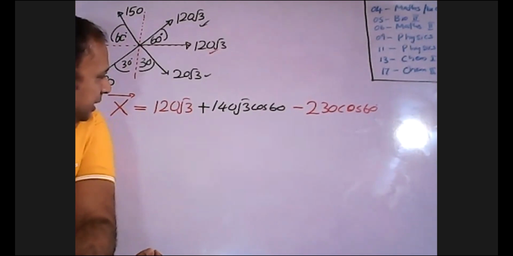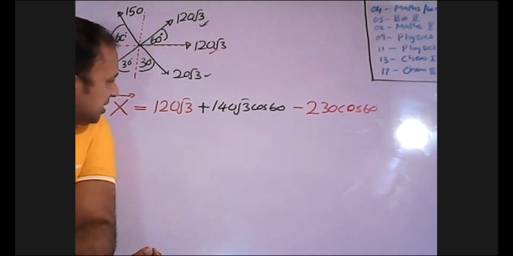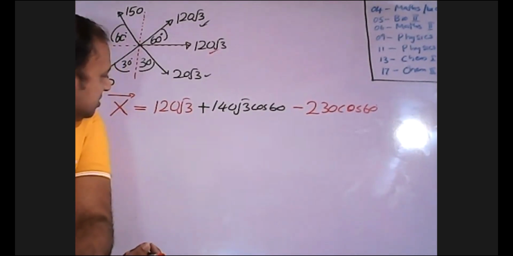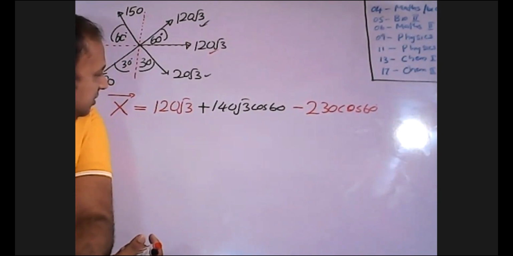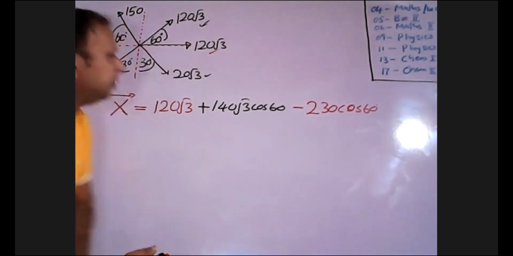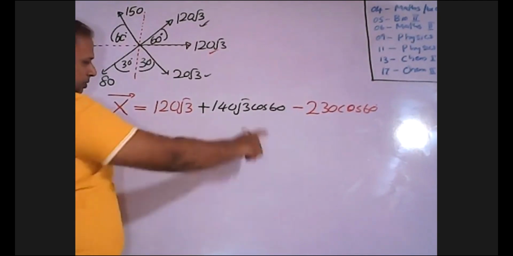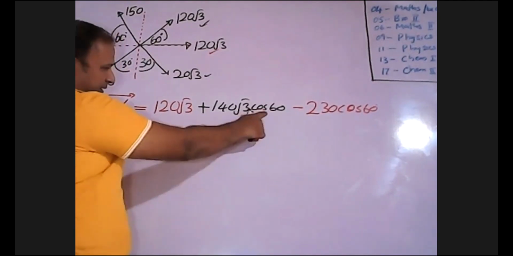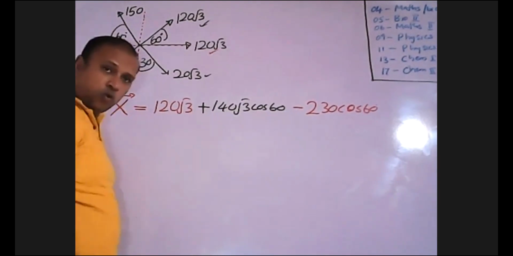Okay, now you can do the calculations. Cos 60 is half, no? Finally, cos 60 is half, so you have to divide this one by 2.